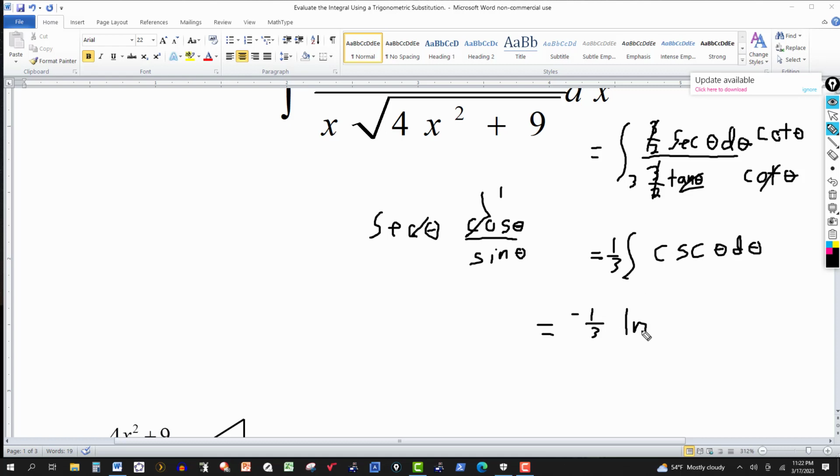Negative natural log of absolute value of cosecant theta plus cotangent theta. And then I have the constant of integration. So up to this point we have negative 1/3 natural log of absolute value of cosecant theta plus cotangent of theta plus the constant of integration.